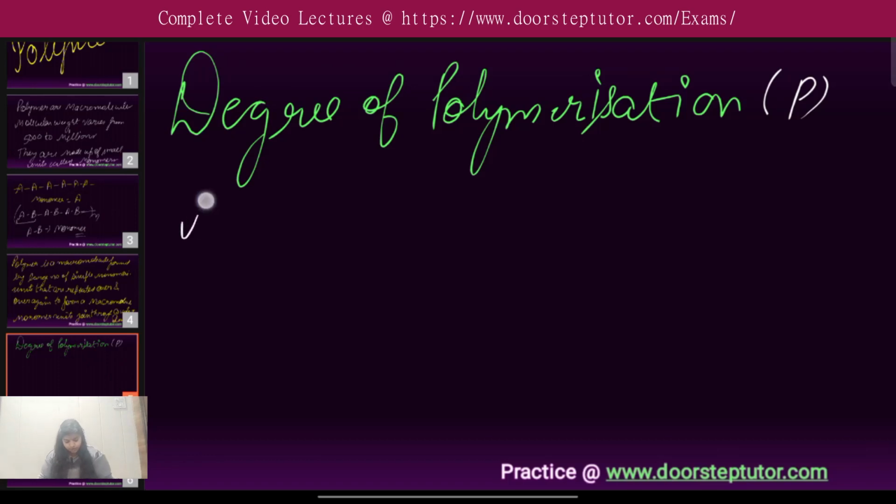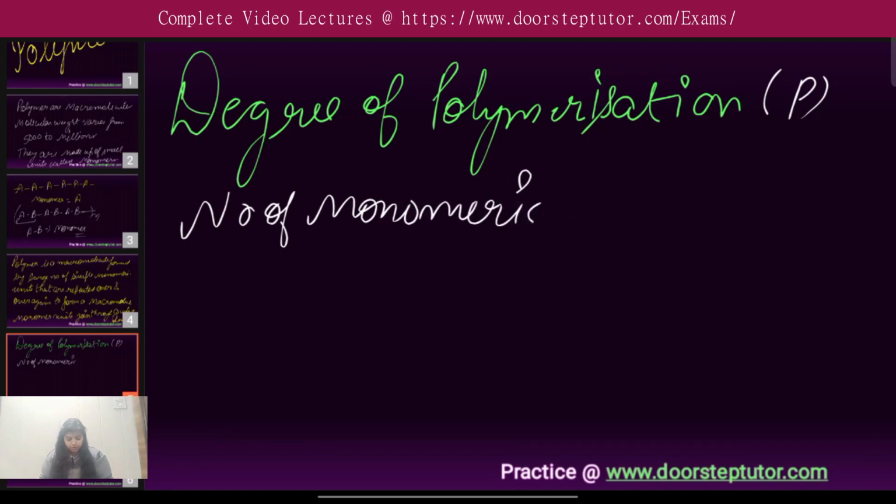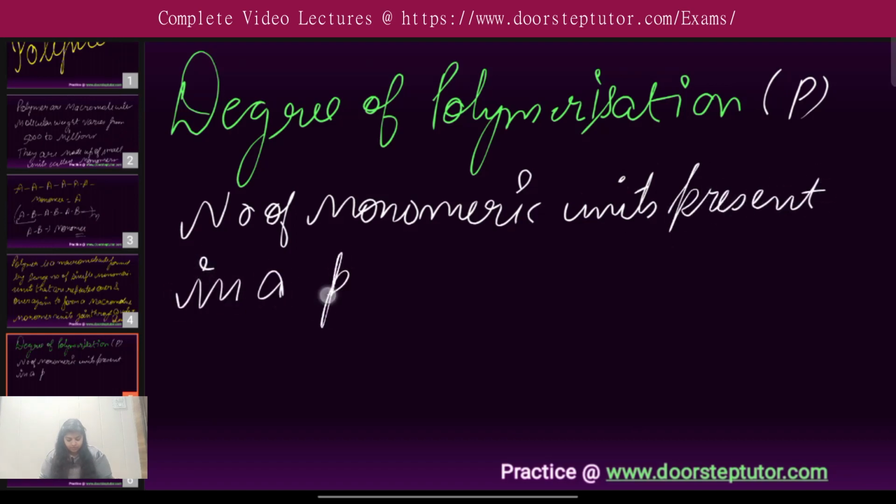So the number of monomeric units present in a polymer is the degree of polymerization.